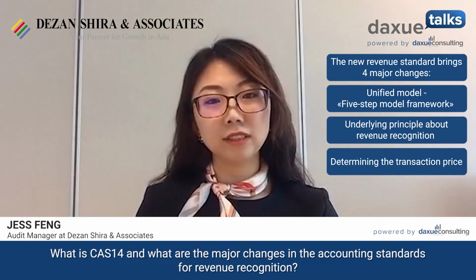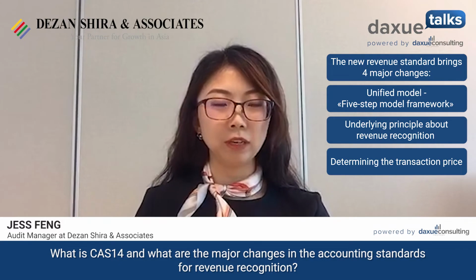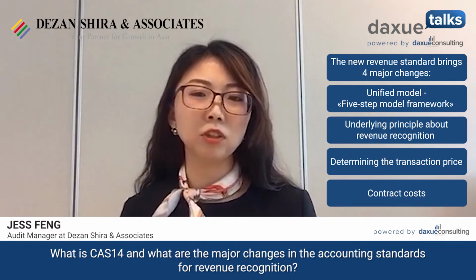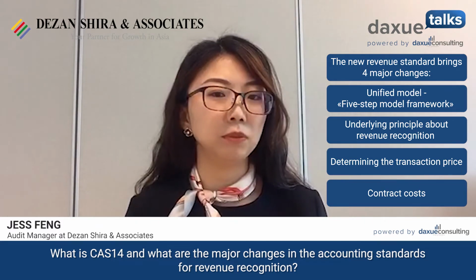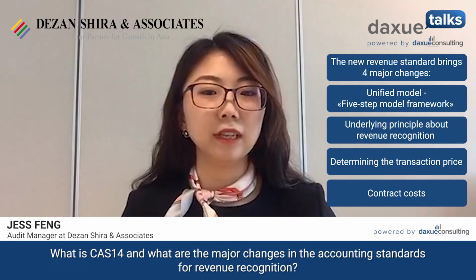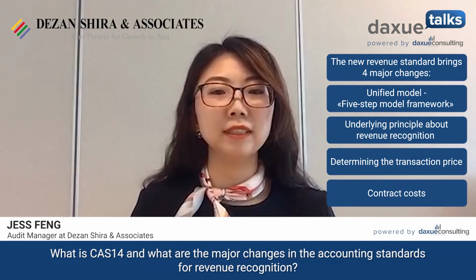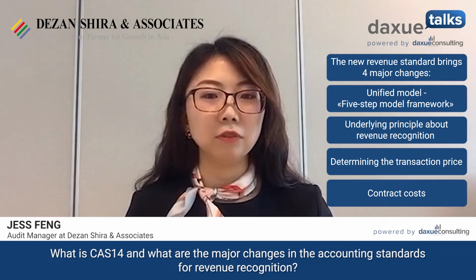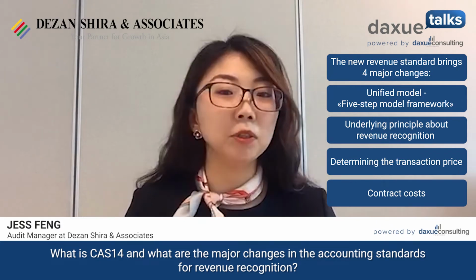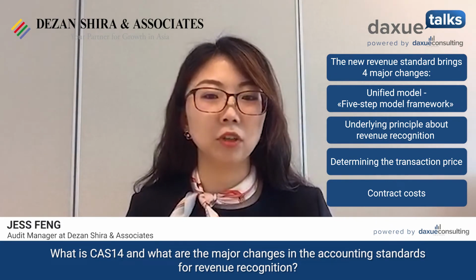And the last major change I would like to talk about is about the contract cost. So about the contract cost, the old revenue standard did not provide much guidance as to what qualifies as a contract cost and how to deal with it. And the new revenue standards clarifies this point. For example, we will now be able to capitalize at least two kinds of contract costs.